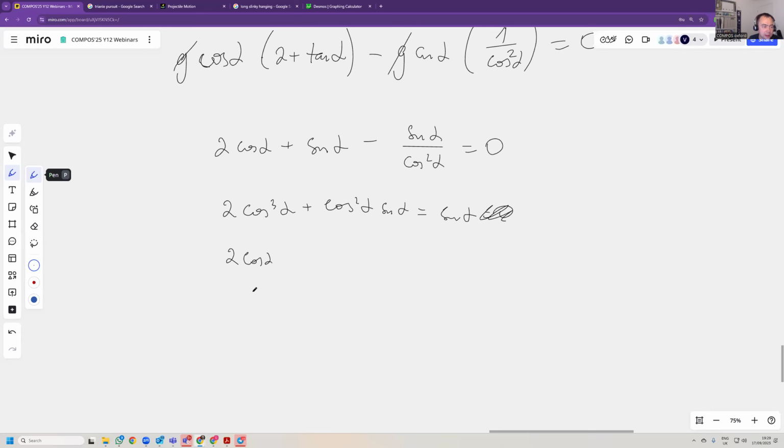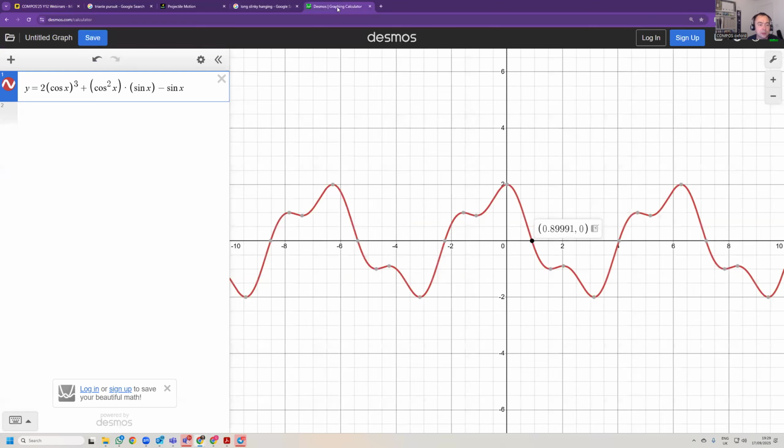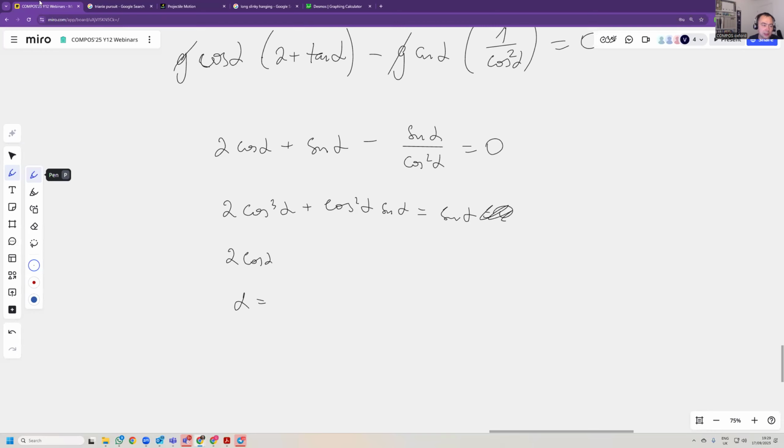Alpha is 0.89991, and that means that tan alpha is tan 0.89991, which is 1.2599.